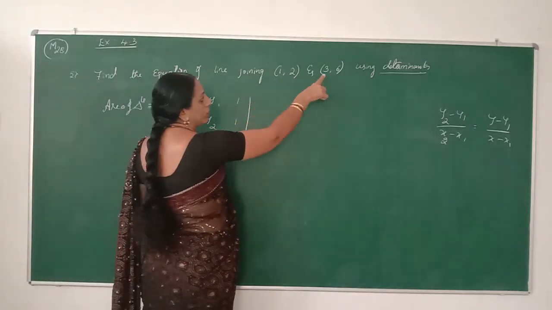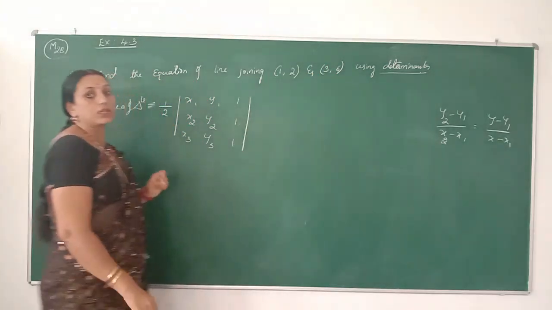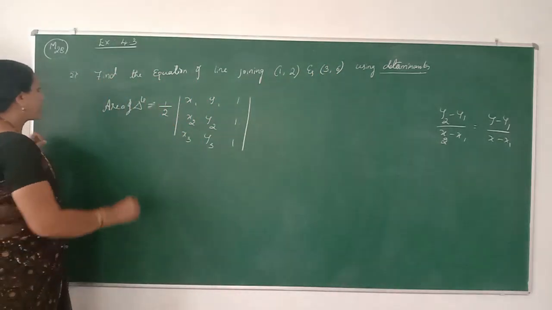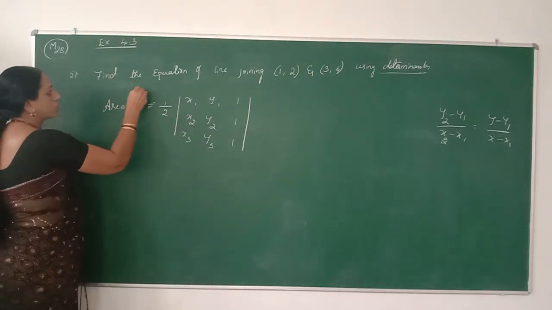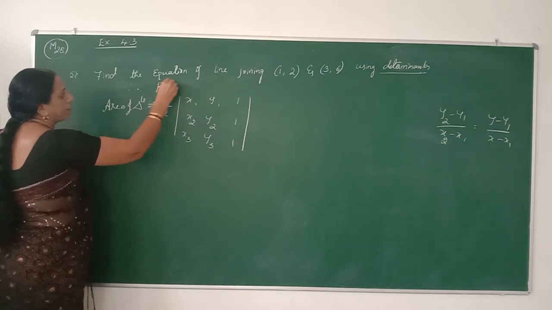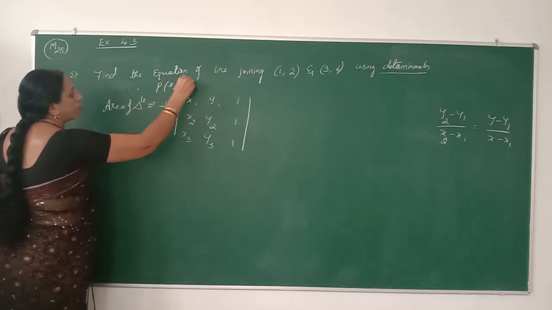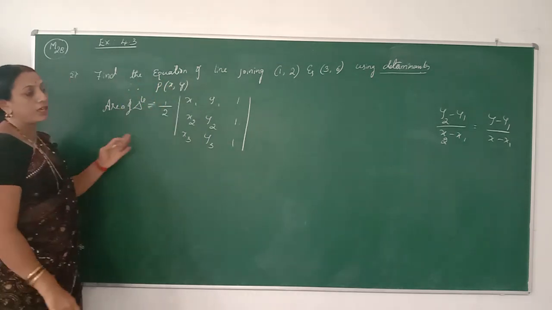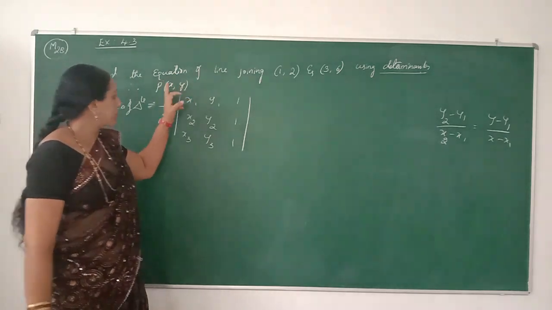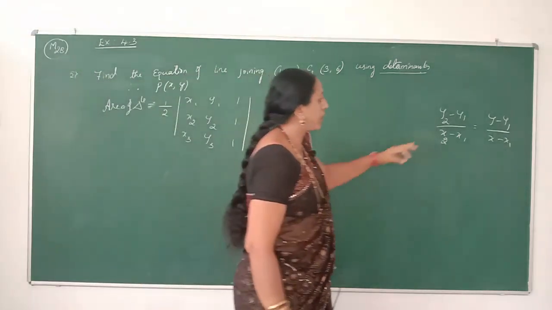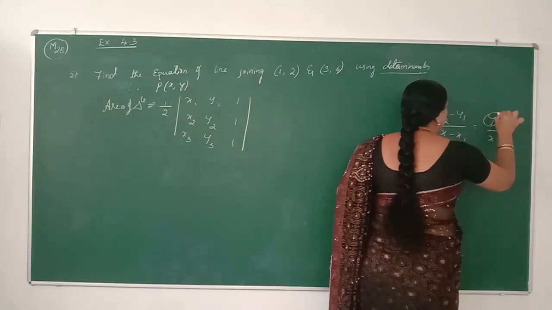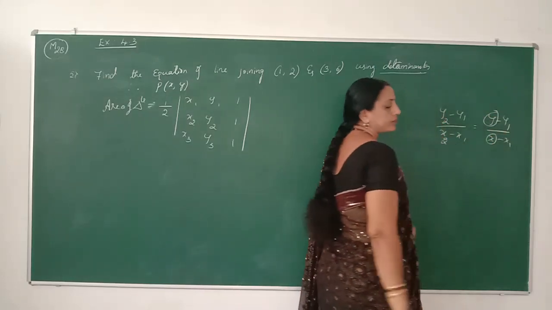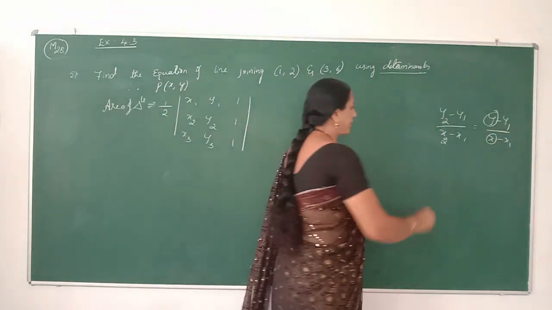One of them is (1, 2) and another one of the pair is (3, 6). Therefore, first we choose one of the points as P of x comma y, a point on the line. That point is generally called the locus of a point, represented in the place of x comma y. Now what about the general equation of the line?